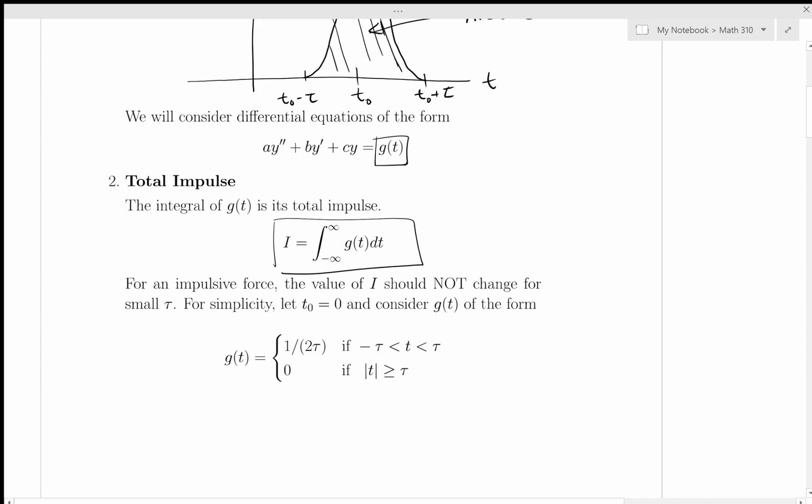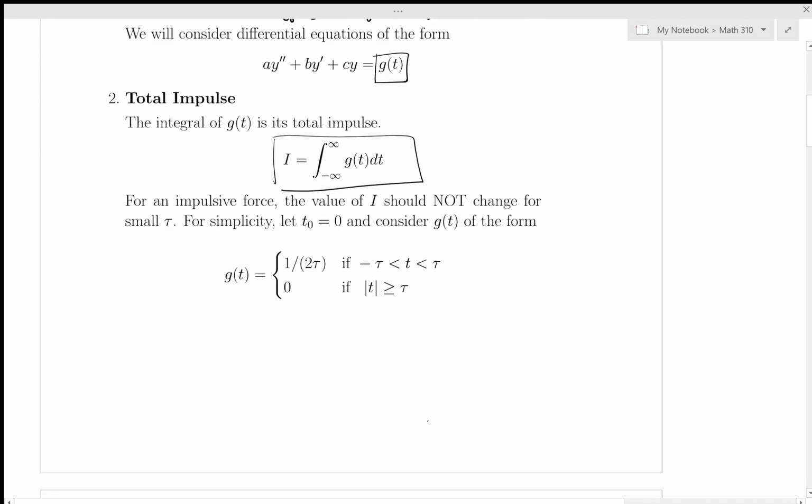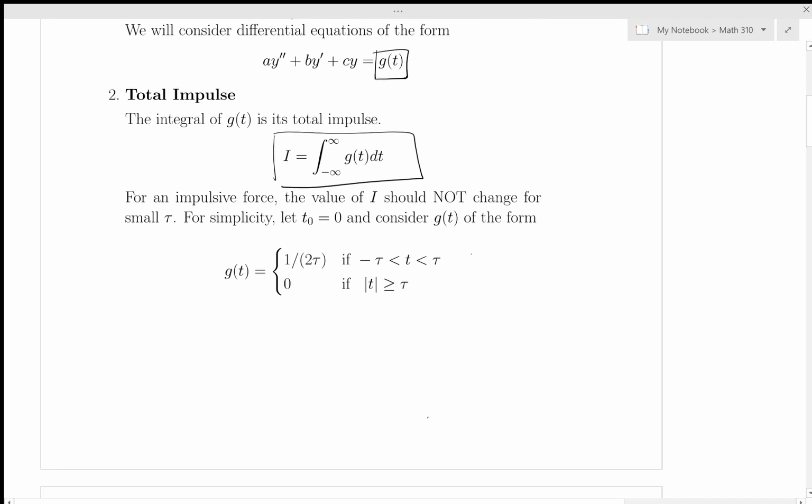g of t is 1 over 2 tau if t is between minus tau and tau, and it's 0 otherwise. Let us compute the area under this curve. That area will be the integral from minus infinity to infinity of g of t dt.